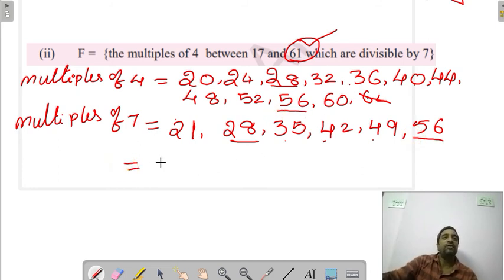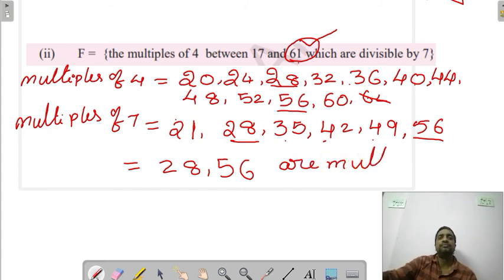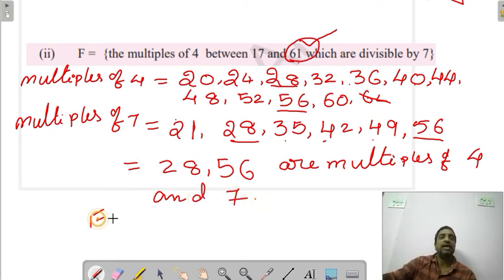So we find only 28, 56 are multiples of 4 and 7. So hence F is nothing but 28, 56. Understand?